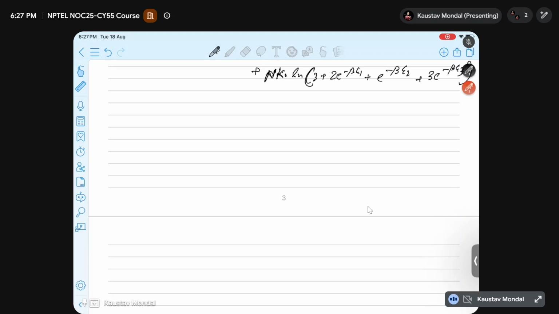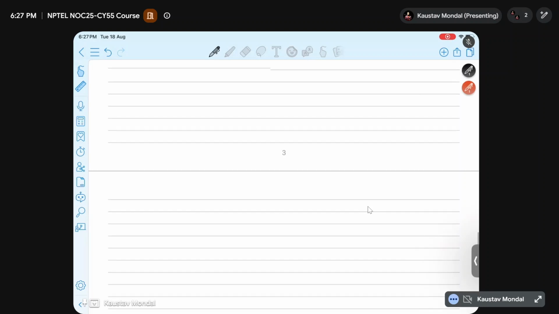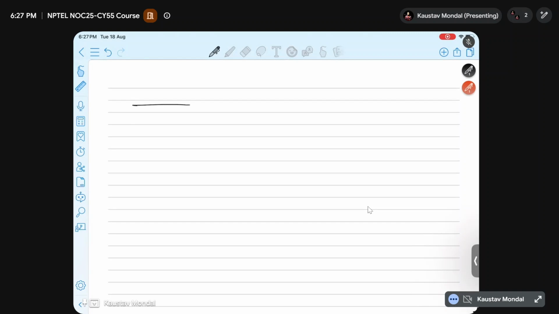So let's suppose there are two energy levels over here, E and 0. The first excited state, that is the energy level E, has a particle number n plus, and the ground level has n minus. Okay.